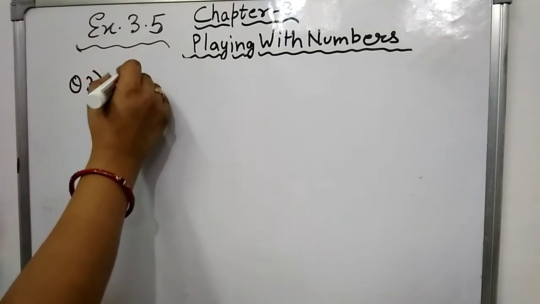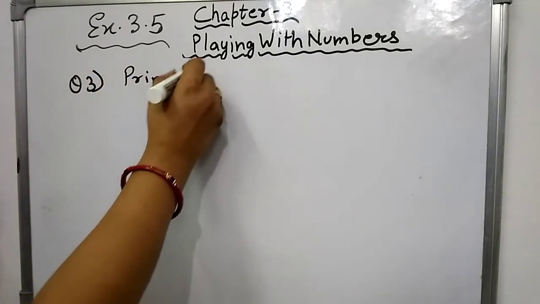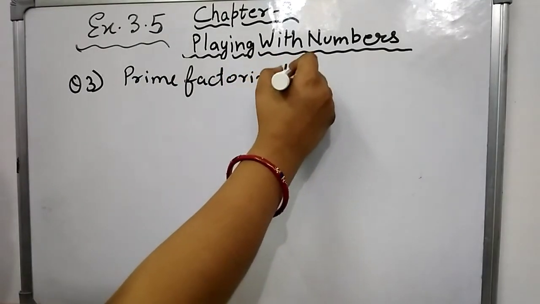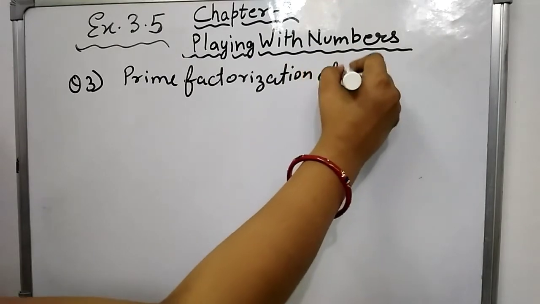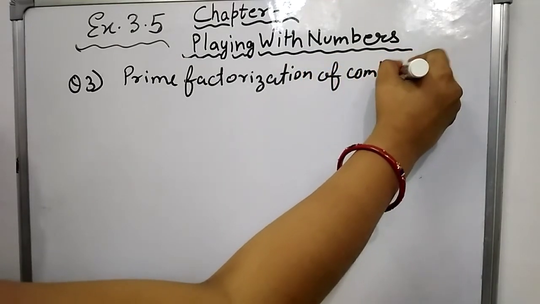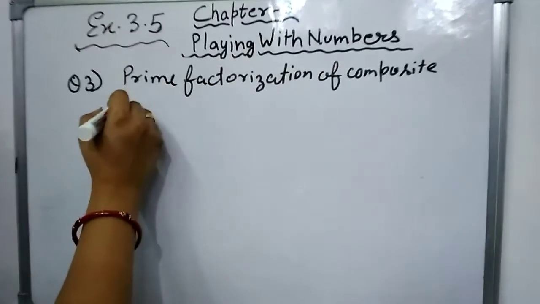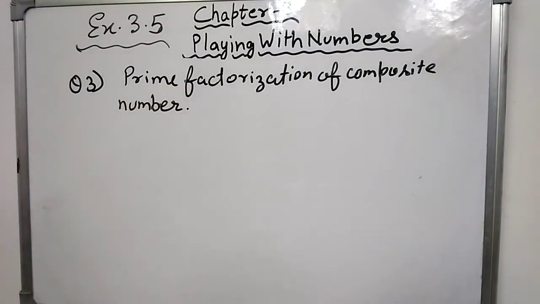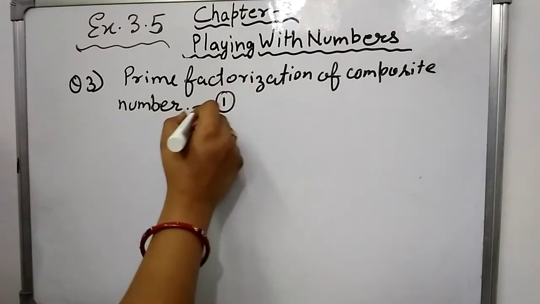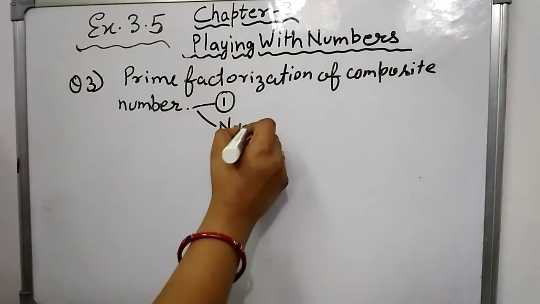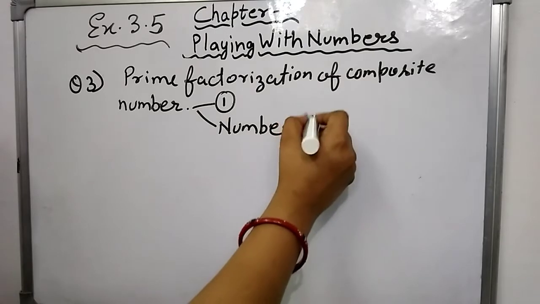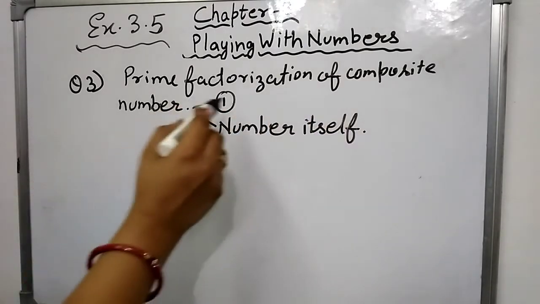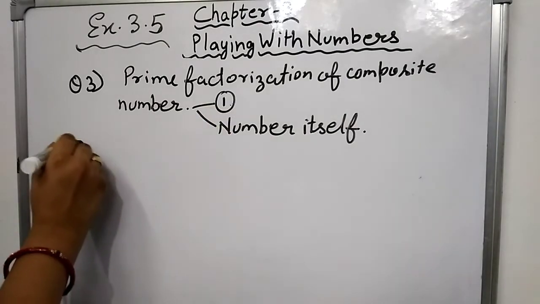In the prime factorization of a composite number, we do not consider 1 and the number itself as its factors. So this is the answer for this question: 1 and the number itself.